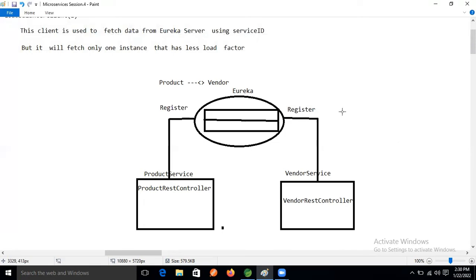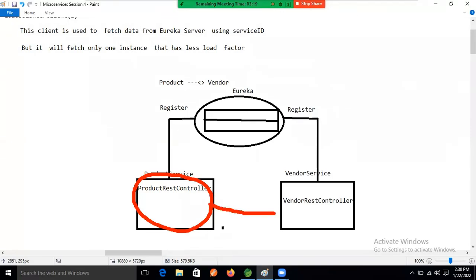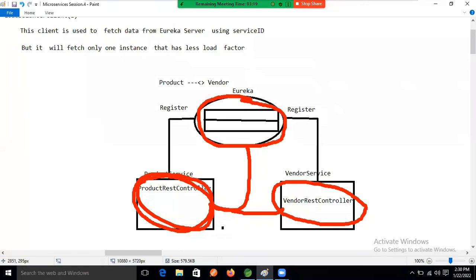But the requirement is that this microservice wants to communicate with the other microservice. Then where will this microservice get the metadata from? From the Eureka server only, because both microservices' information is stored inside the Eureka server.